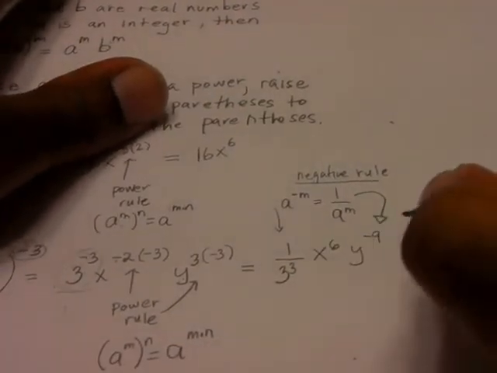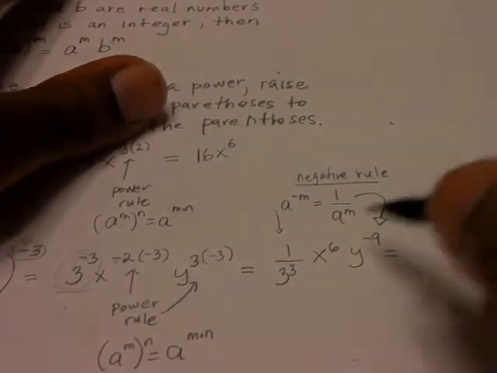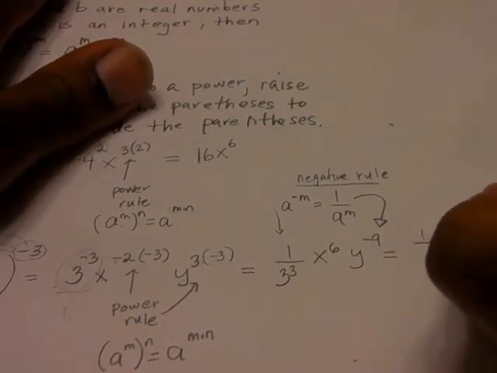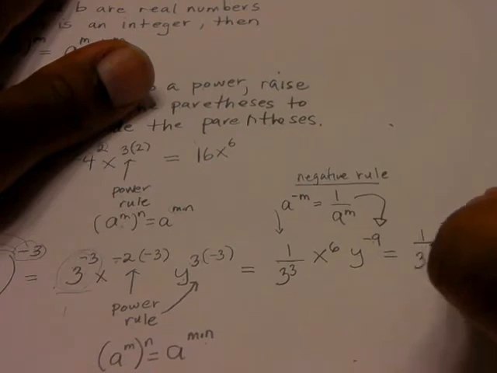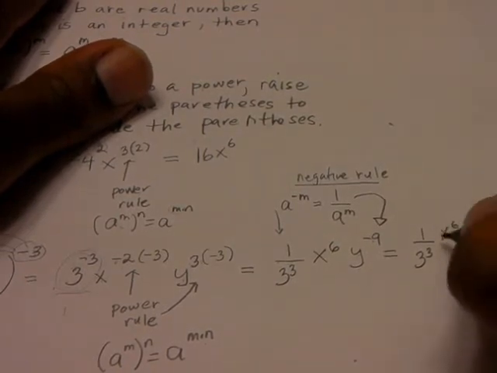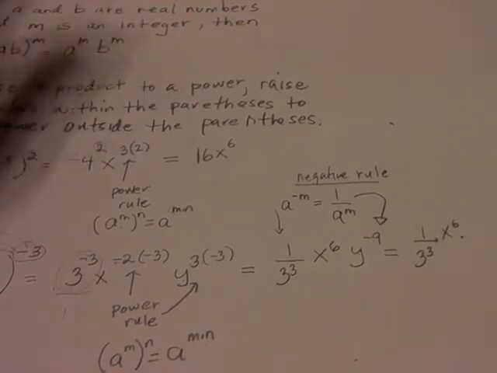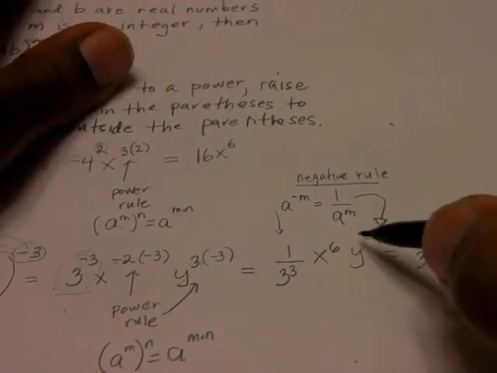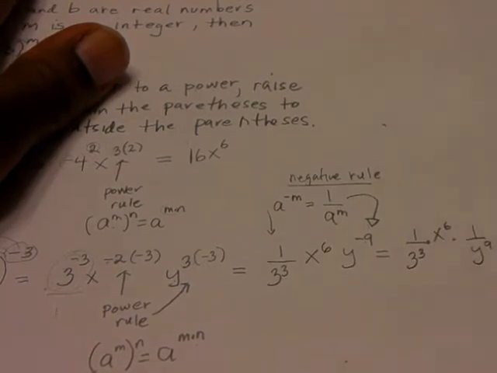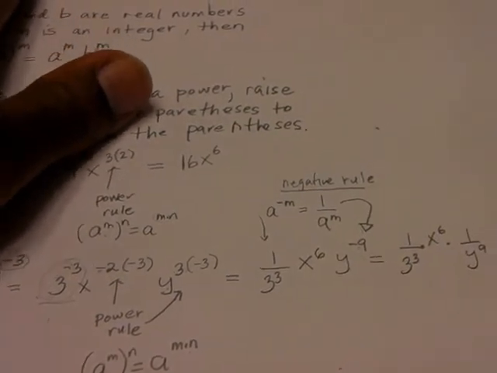All right, so then let's go ahead and do the final process at the same time. So we have 1 over 3 to the 3rd, and then we have x to the 6th that stays at the bottom. Okay, and all of this is like multiplication. And then we apply the negative rule of exponents, and we have 1 over y to the positive 9. Okay, all right.